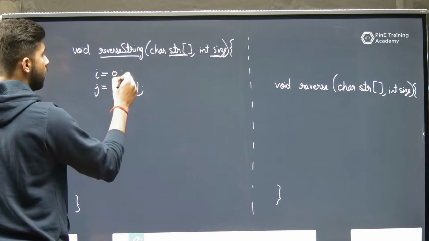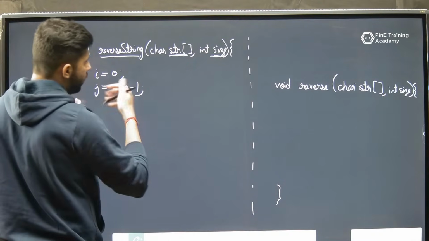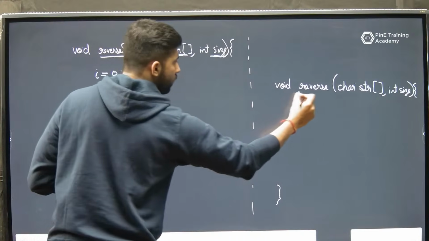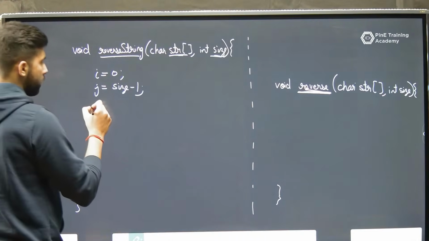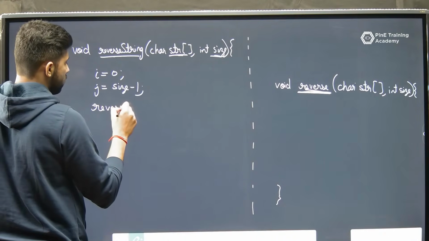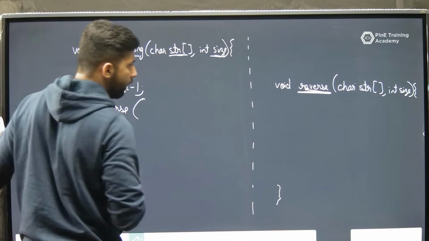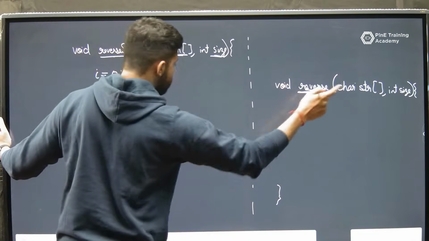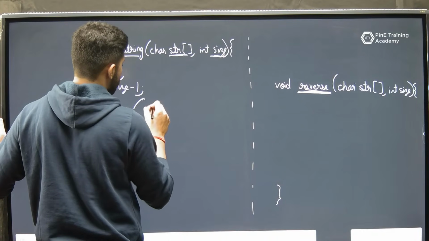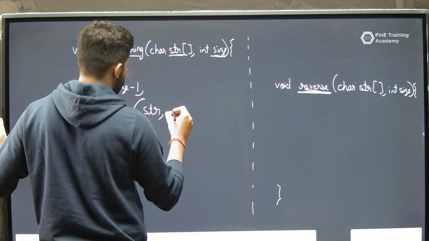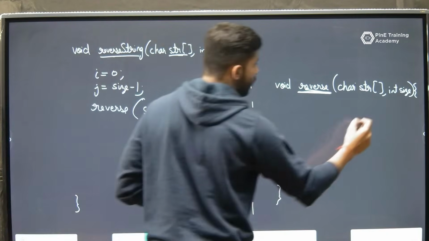You will start with i as 0 and j as size minus 1, and you will reverse the complete string by calling this. So you will simply do reverse. You can also pass these indices, so you can pass str, i, and j. For that, I will change the signature.